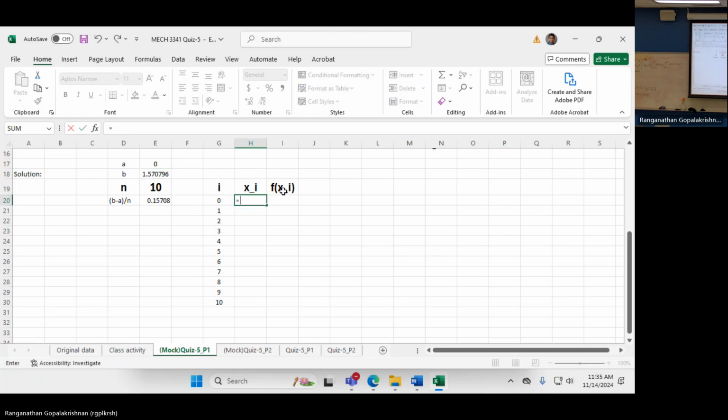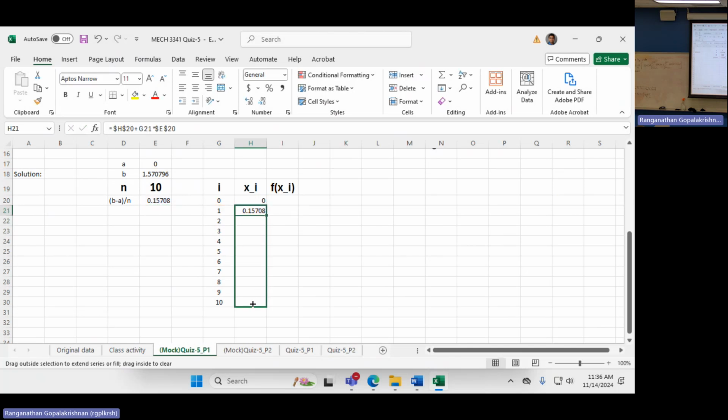All right, so then I need to generate the xi values. The first value is always equal to a. The next value is x naught, I'll put a dollar sign to lock it, plus i times the width, b minus a divided by n, which I'll lock. So I get this set of x values.